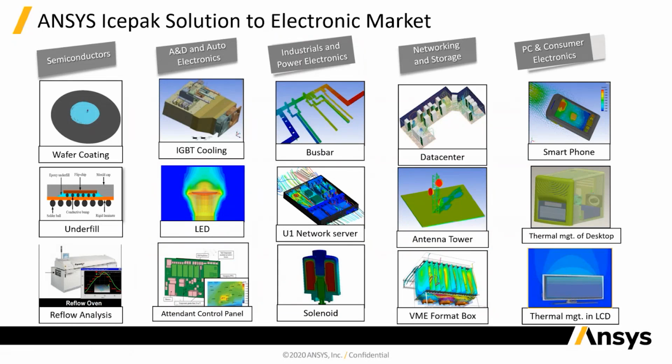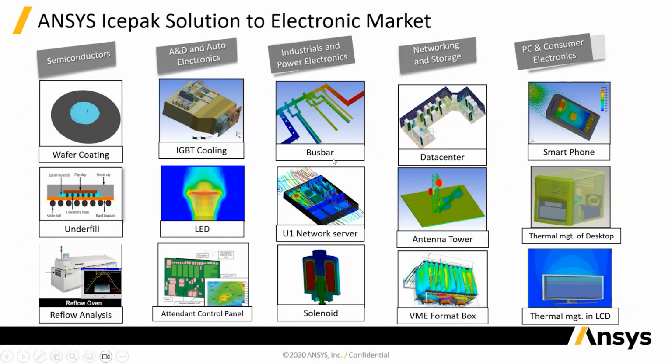Now, let me come to the applications where Icepak is used for predicting the temperatures. On the semiconductor side, it is used for wafer coating, underfill, reflow analysis. On aerospace and defense, auto electronics, it is used for control panels, IGBTs, LEDs.